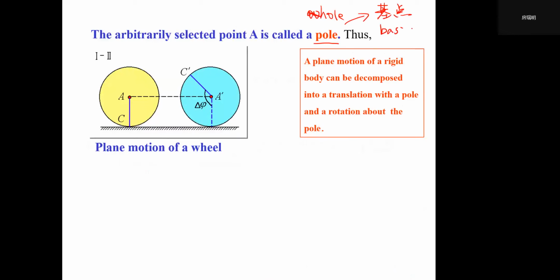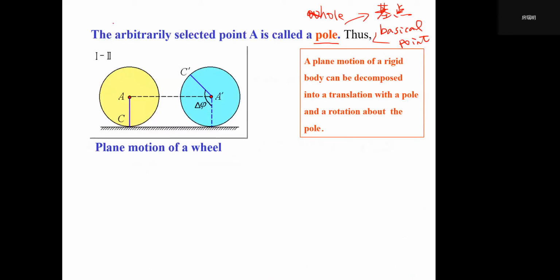The first time when I taught mechanical engineering 2020, I found this very confusing. But later I think this is quite a correct description of this. So you guys can think about that.